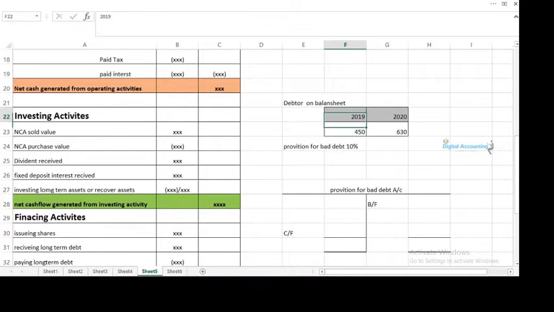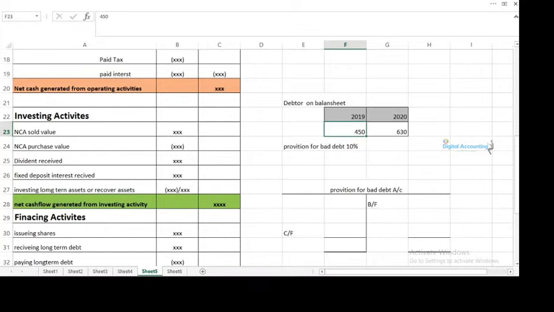The balance sheet for 2019 and 2002 gives the debtor values of a company. An example, right? You see the 450 has already been deducted by this 10%. This is a net value. If it is the on-balance-sheet value, whatever the value is, it is the net value.